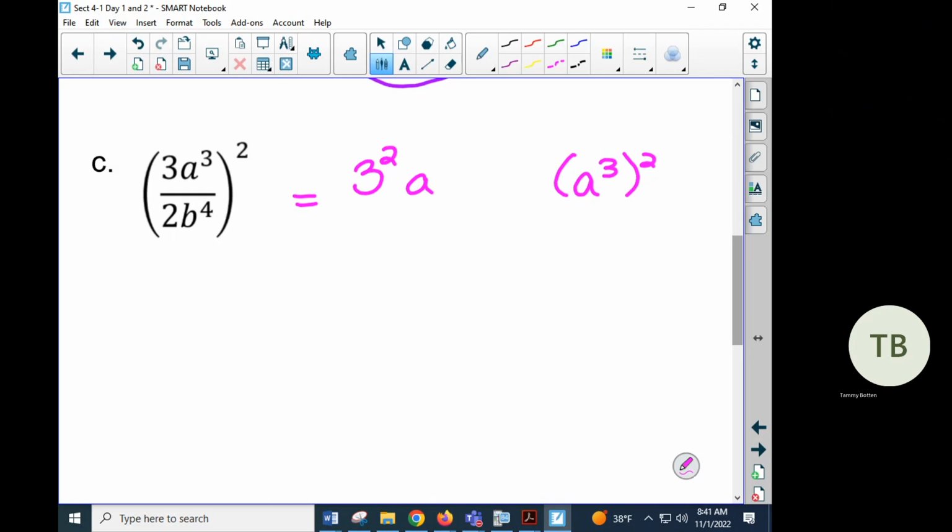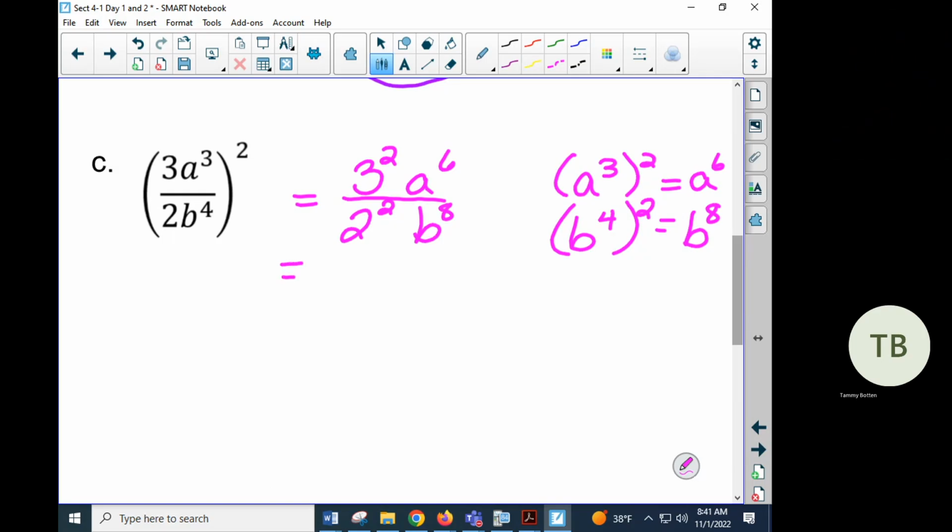Do you add them or do you multiply? Multiply. So when you only have one base, this is a power of a power, so you multiply, and that's 8 to the 6th. Then on the bottom, this 2 is also squared. And the B, that's really like B to the 4th squared, which we multiply, and we'd get B to the 8th.